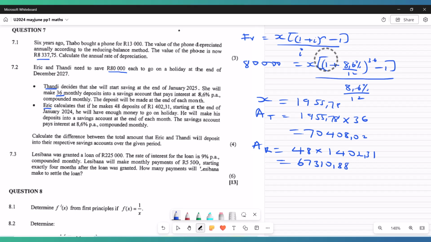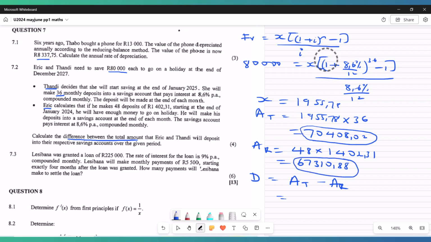So the question is the difference, because this question said calculate the difference between their total amounts. So in this case, the difference is going to be given by what? The amount for Tandy minus the amount for Eric. So we take this money, the 70,408.02, minus this one here.